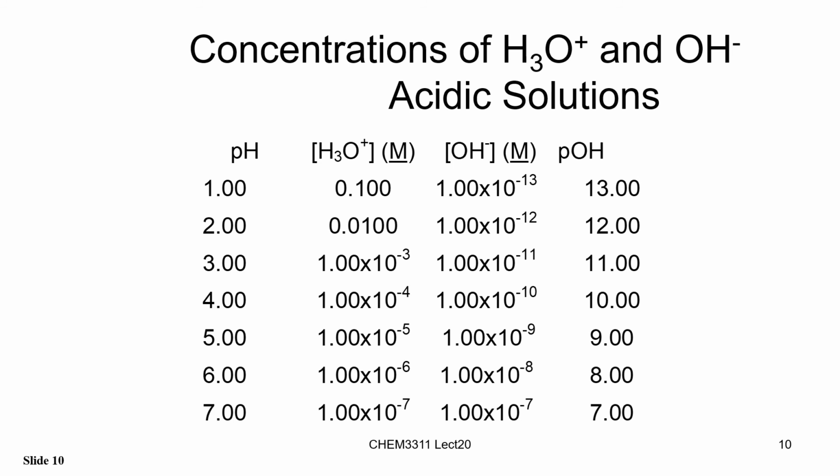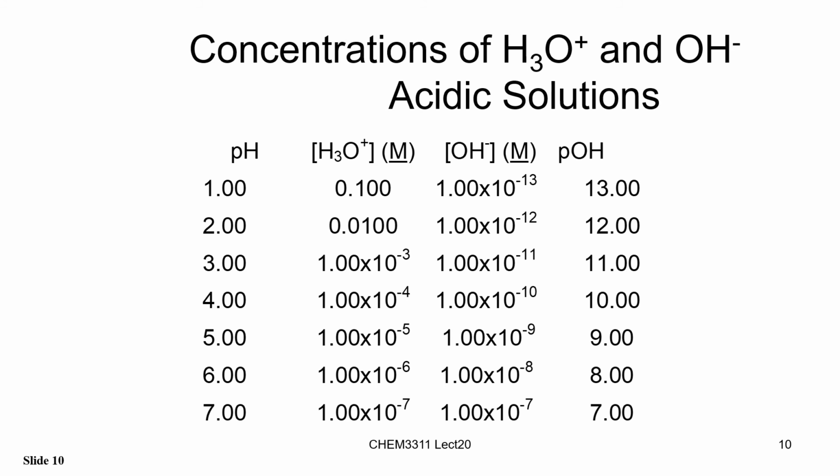That means on our scale, we start at a pH of 1, which is a 10th molar hydronium concentration. We also have then the hydroxide and hydronium have to multiply to 10 to the minus 14th. So that tells us that our concentration of hydroxide is 10 to the minus 13th.